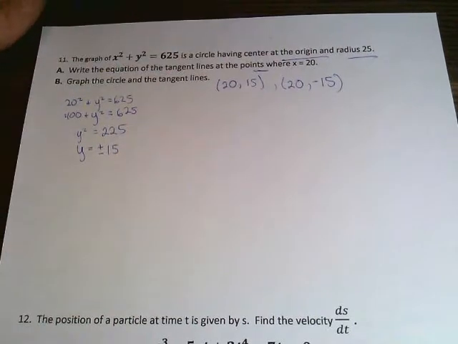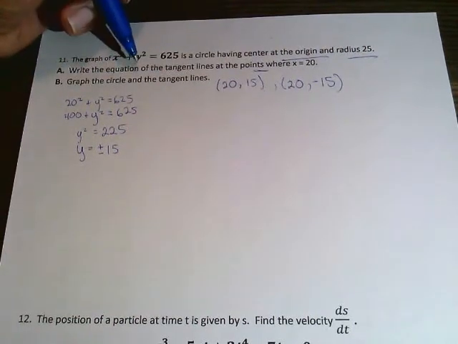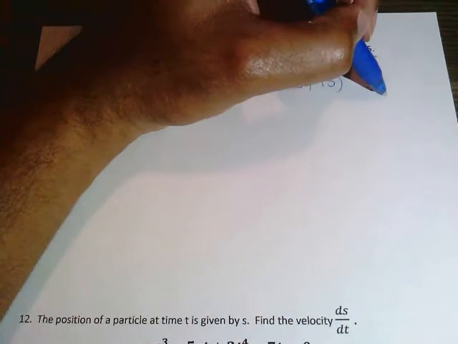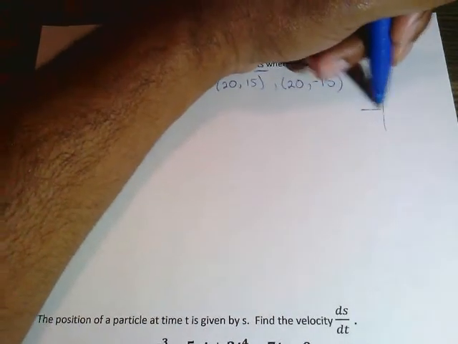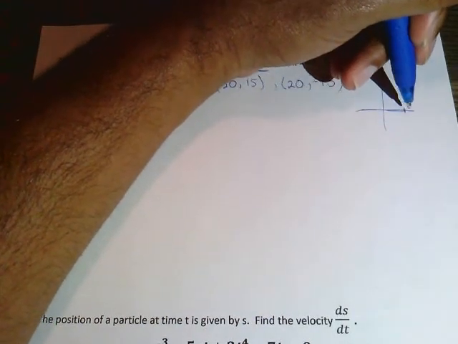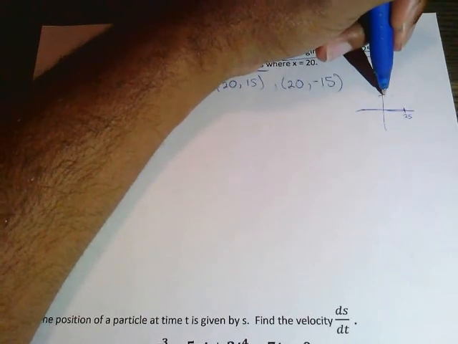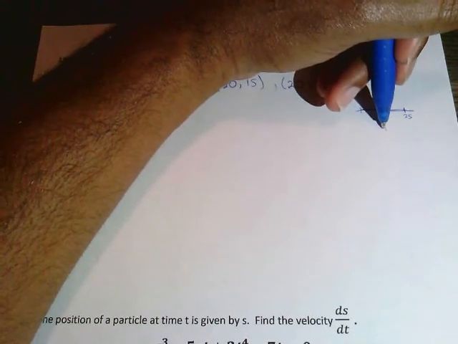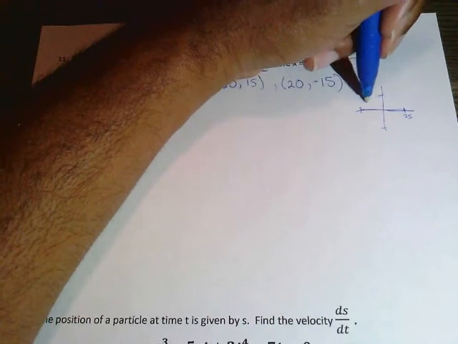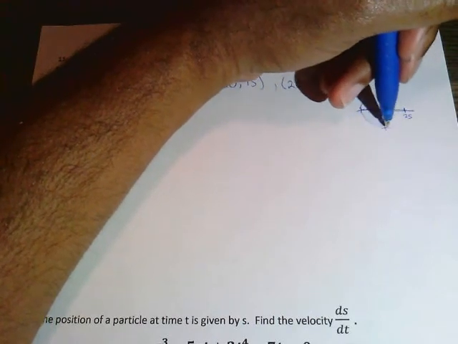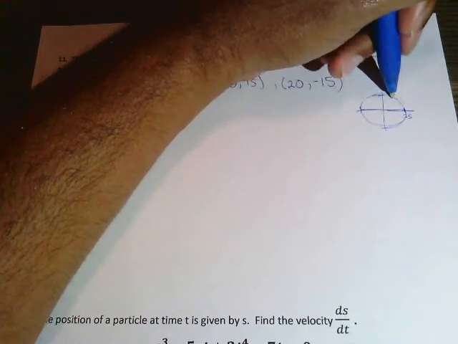And if we're talking about a circle that we're going to eventually have to graph, we know that the radius is 25. So here's 25 all around, 25 up, negative 25, negative 25. So here's what our circle roughly looks like.